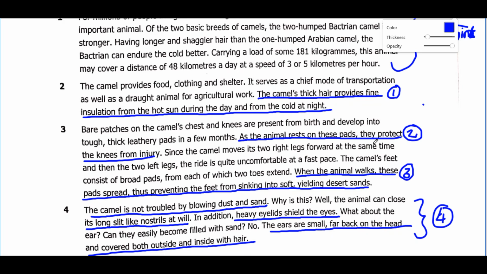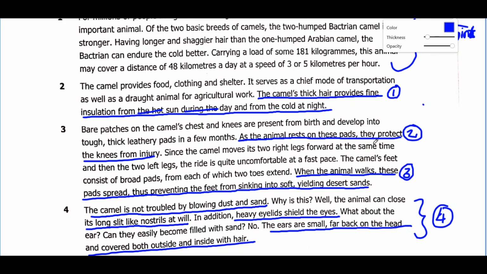So the camel's thick hair provides fine insulation from hot, I can remove the hot, so that this remains as the camel's thick hair provides fine insulation from sunny day. We know that when it's sunny, it should be hot.